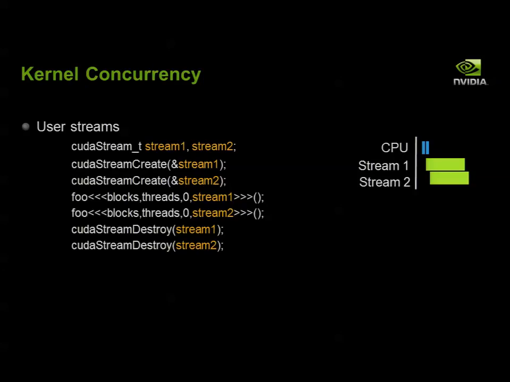All you're doing is giving the runtime system more information about dependency of the work. You're saying, hey, look, this one, in theory, could happen at the same time. I'm not assuming in my design of the application anything about the relative order of the operations that happen in stream A and the operations that happen in stream B. But if the work in stream A already completely utilizes my GPU, well, there's no point in starting stream B at that time. So if you want to make an experiment and actually see concurrent execution, make sure that you're using grids that are very small.